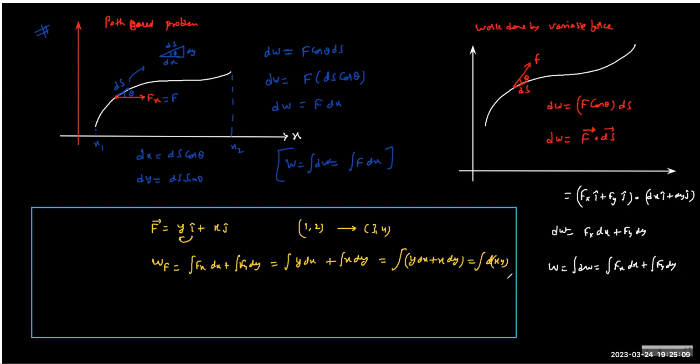And d of something is something when you integrate. So the answer is actually xy. This is the answer for this question. And the limits will be (1, 2) to (3, 4). So put upper limit 3 for x, 4 for y, which is 12, minus 2.